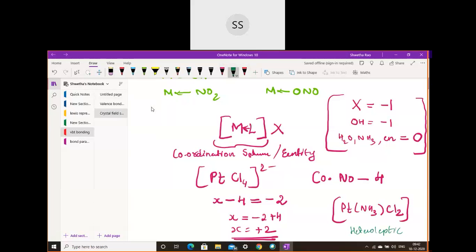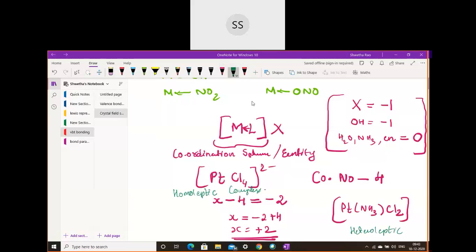Then there are complexes based on the type of ligand they are attached with. Those are called homoleptic and heteroleptic complexes. Homoleptic complex means, for example here, platinum Cl4 is a homoleptic complex. Why?